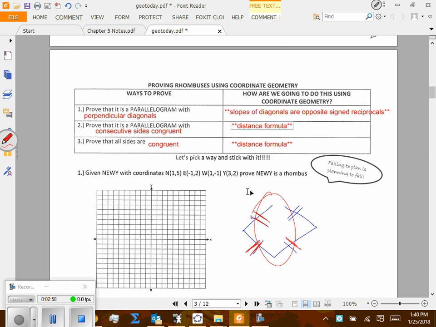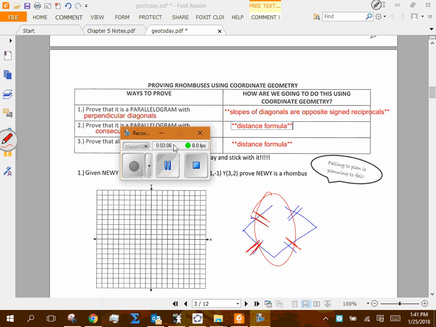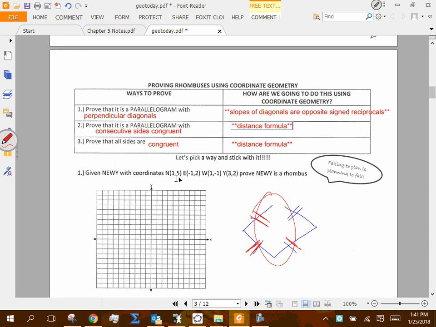So if you wrote those, obviously you can write those in different order. Now we want to prove that this shape down here is indeed a rhombus.